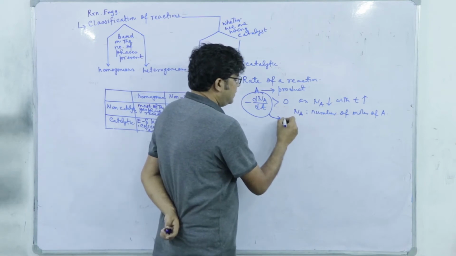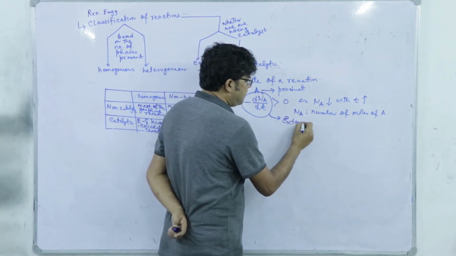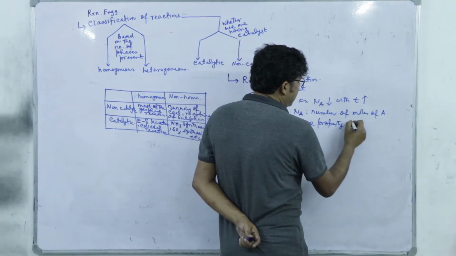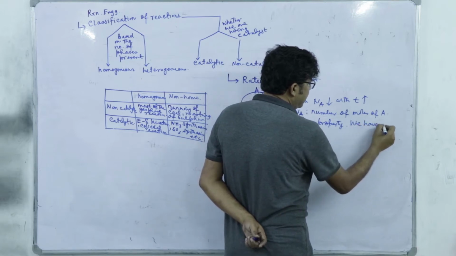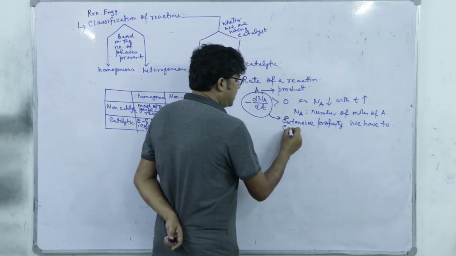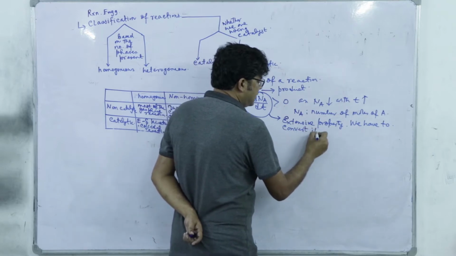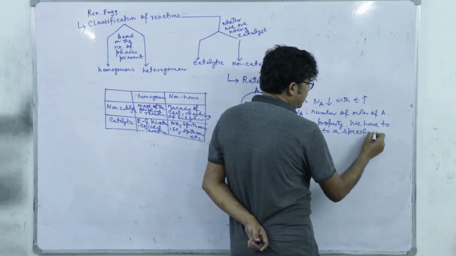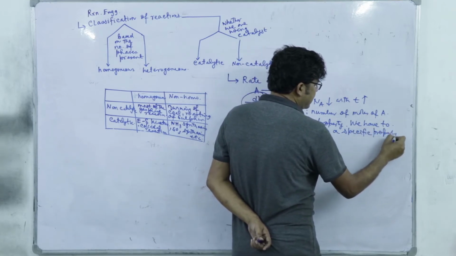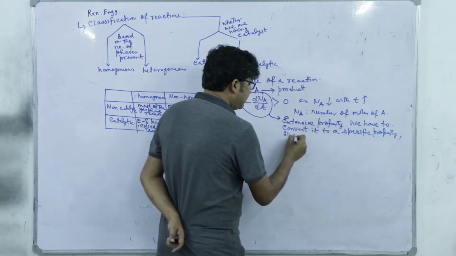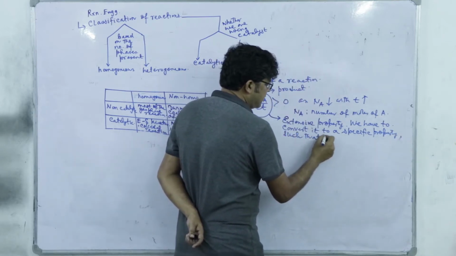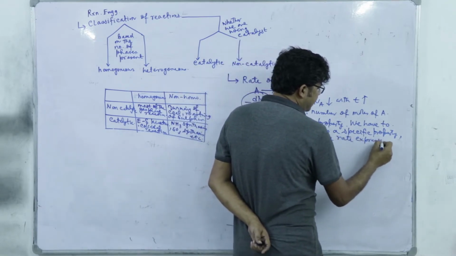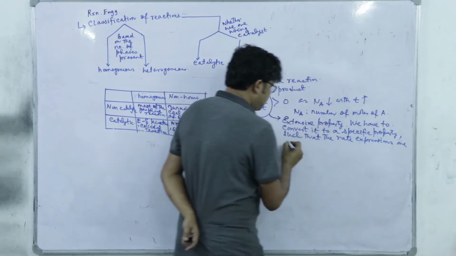So, this is an extensive property. We have to convert it to a specific property such that the rate expressions are comparable.